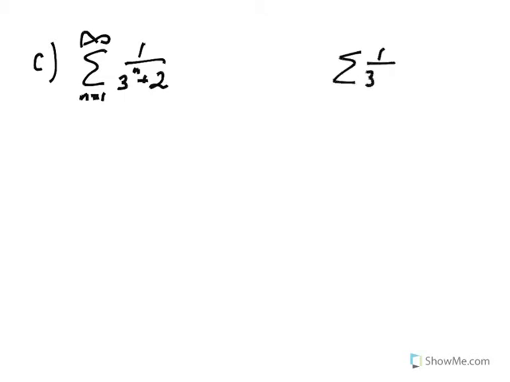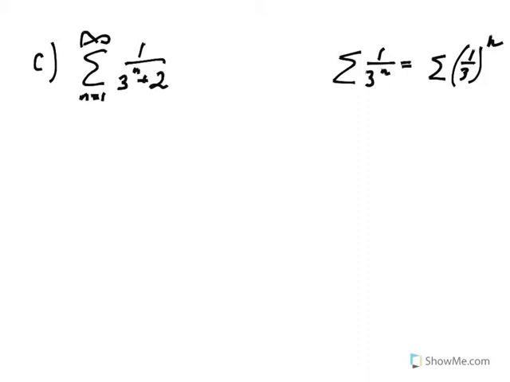Let's see how the next one works. Part C. 1 over 3 to the n plus 2. Well, we're going to compare it to 1 over 3 to the n, or we can rewrite it as 1 over 3, the whole thing to the power of n.